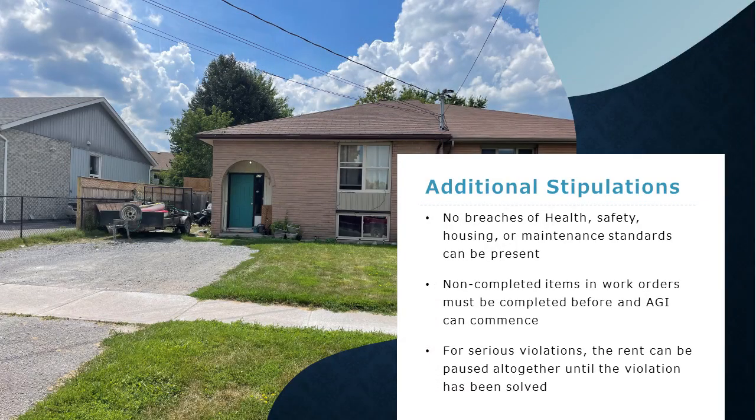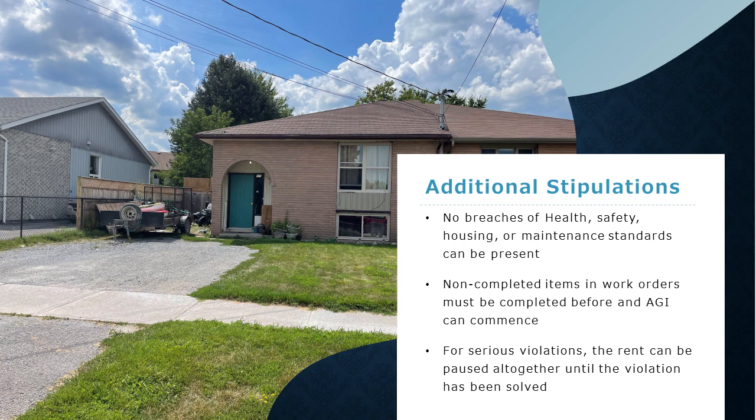Additionally, if the Landlord and Tenant Board (LTB) finds that a landlord has not completed repairs or replacements ordered by the LTB to address serious breaches of health, safety, housing, or maintenance standards, or has not completed items in work orders related to such serious breaches, the LTB must dismiss the application for an above guideline rent increase (AGI) for the affected rental unit.